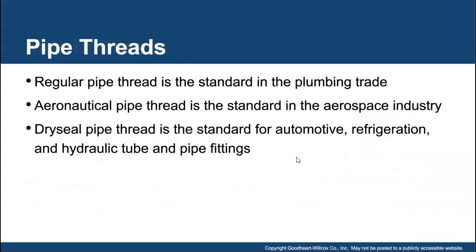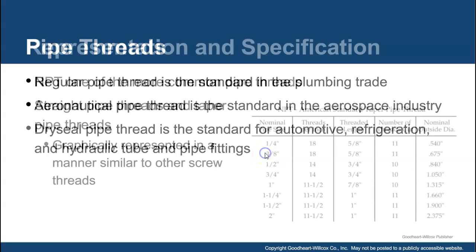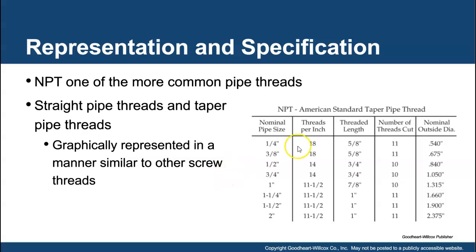Pipe threads are another standard type of thread that you'll need to be aware of. These generally are tapered to help seal things in, because of course if we're working on pipe threads, we've got water or fluids, and we don't want that leaking out. So they do have a different type of thread pattern for pipe threads. Here are some representations.